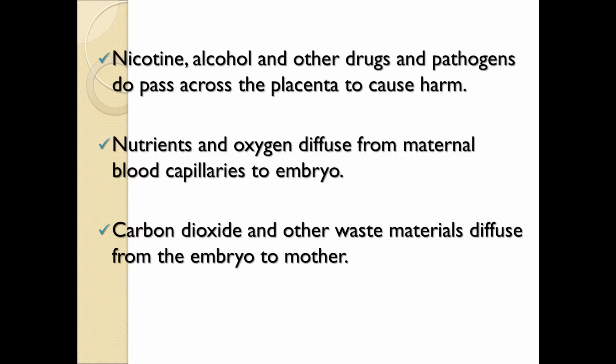They are saying that once these go across, they can cause some form of damage or harm to the developing fetus or embryo. And that is why females are normally told that once they are pregnant, they must not smoke, they must not drink. This is the reason, simply because these substances can actually go across and affect the developing fetus.